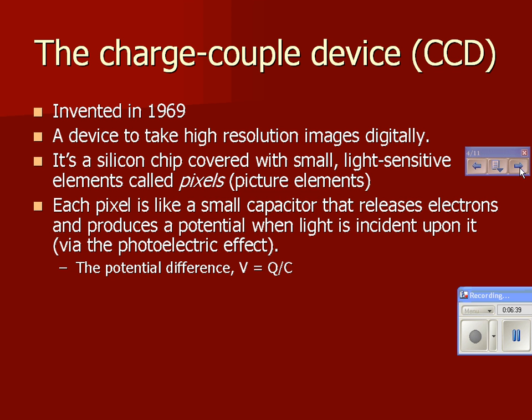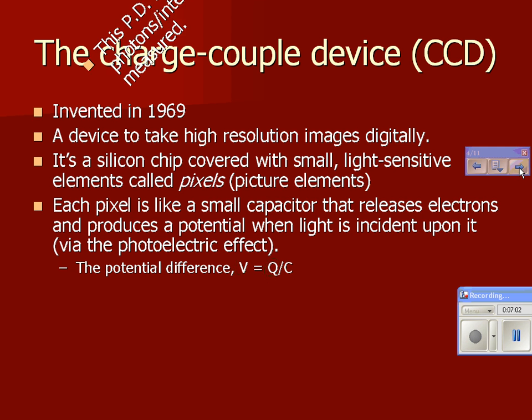The voltage that gets created in each capacitor, okay, is equal to the charge per coulomb. Wait a minute. No, the charge over the capacitance, sorry. So there's a relationship between either the number of photons or the strength of that photon that hits that pixel and how much voltage you get across that little capacitor.